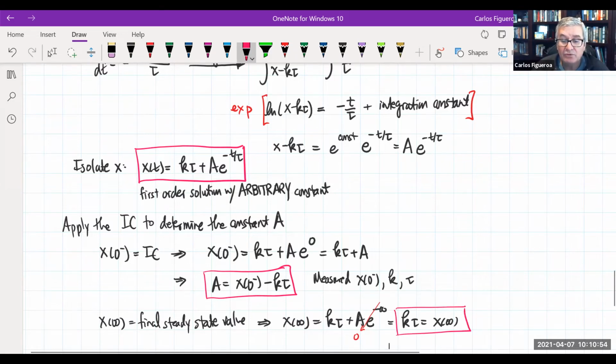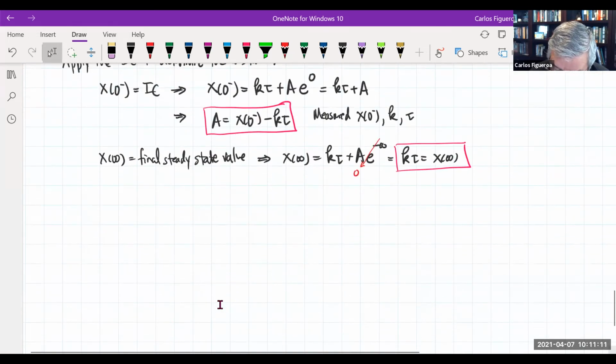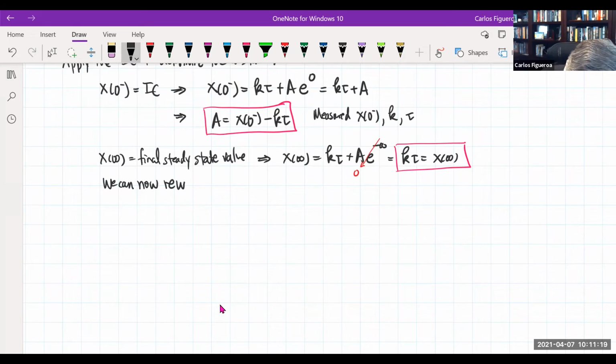So now I'm going to rewrite our equations here. It turns out there's another way you can look at this: as soon as I do this, look what happens to A. We can now rewrite A, because A, which is x of 0 minus k tau, becomes x of 0 minus x at infinity.